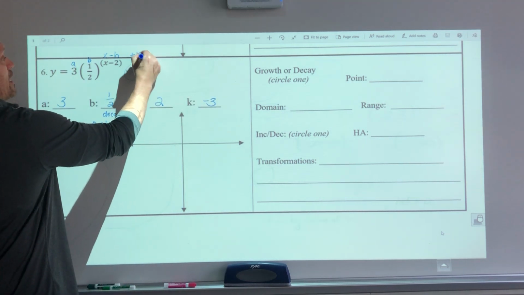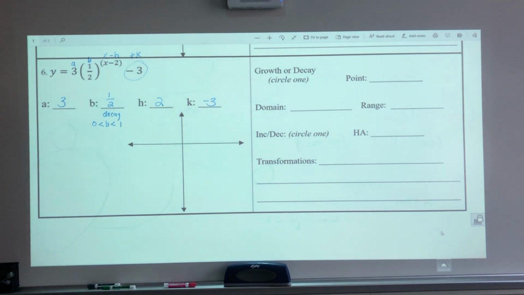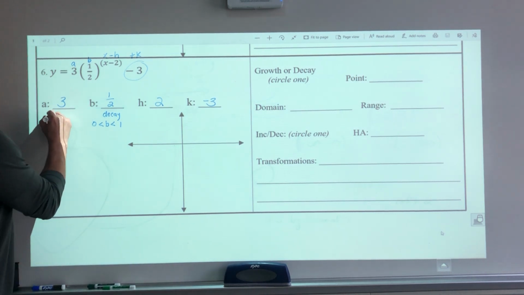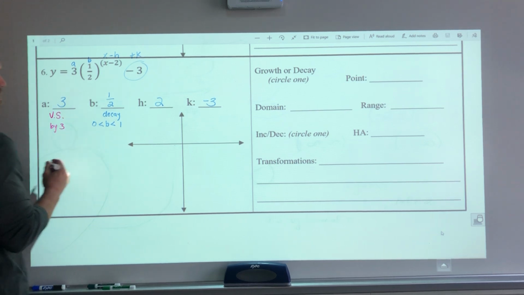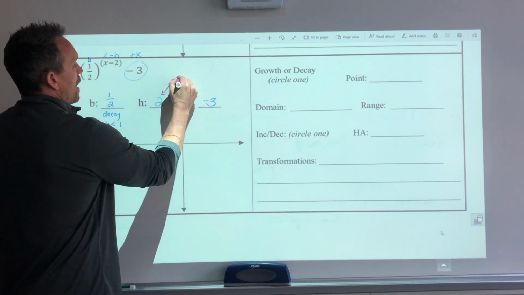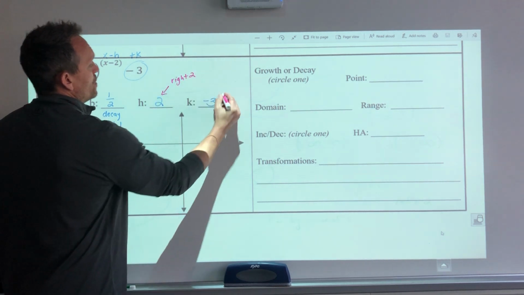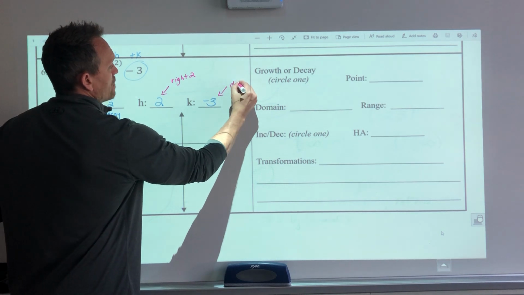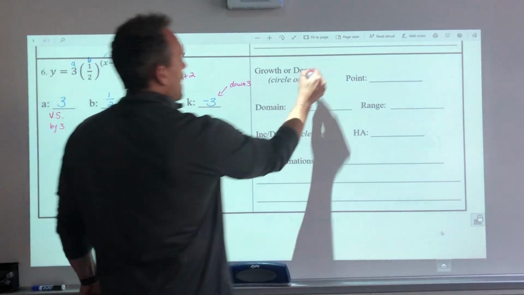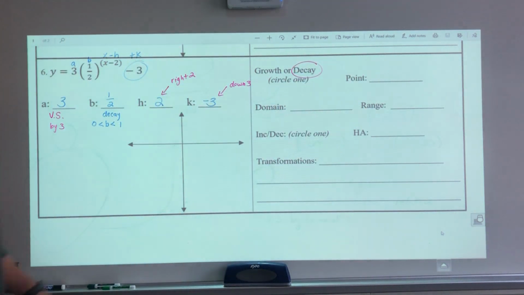This is plus K, so it'd be plus or negative plus -3, if you would. Okay? So, here, vertical stretch by 3, decay, positive, right 2, down 3. So I have a decay, not quite sure on what my point's going to be.